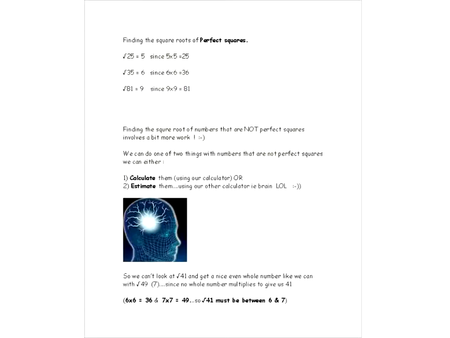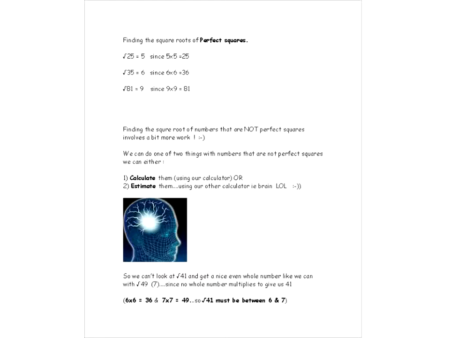So finding the square root of numbers that are not perfect squares involves a little bit more work. So we've already seen that finding the square root of perfect squares is pretty straightforward, right? Square root of 25 is 5. Square root of 81 is 9. But if you're trying to find the square root of a number that's not a perfect square, it involves more work.